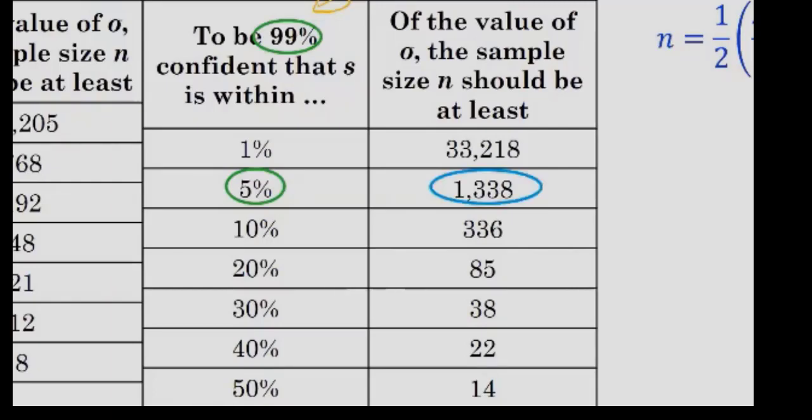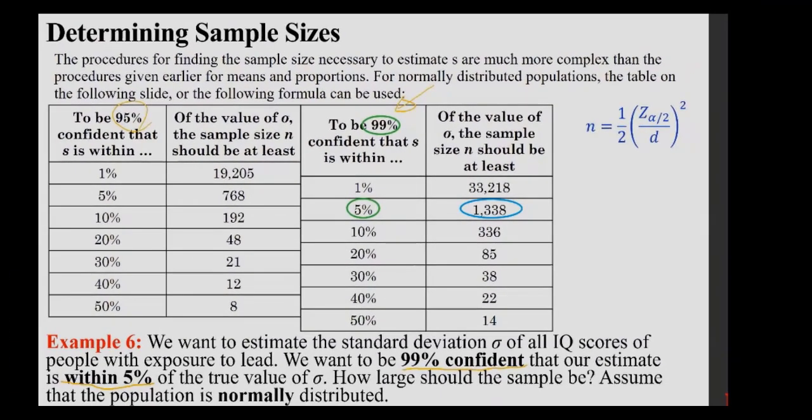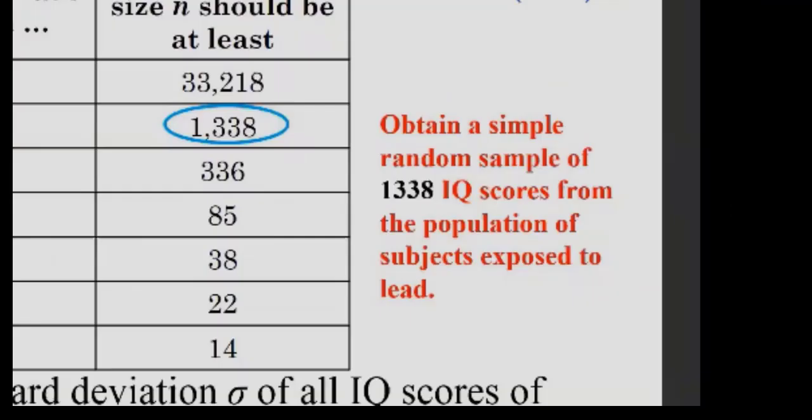By the way, when it says this is at least the sample size you need, that means obviously anything larger than that will do the job. And remember the limitation of time and money. That's why we are interested in a minimum sample size. So therefore, we need to obtain a simple random sample of 1,338 IQ scores from the population of subjects exposed to lead.